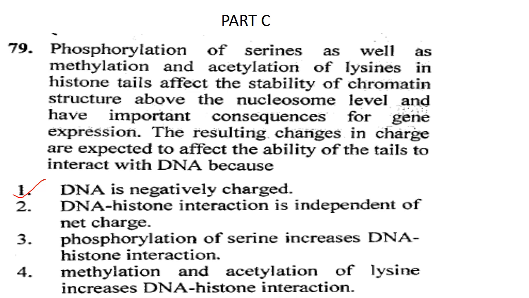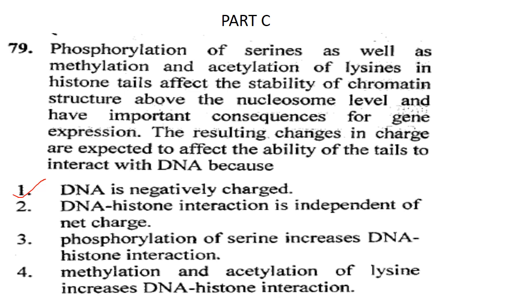So the resulting changes in charge are expected to affect the ability of the tails to interact with the DNA. The fourth option is methylation and acetylation of lysine increases DNA histone interaction. They decrease DNA histone interaction. Phosphorylation of serine increases DNA histone interaction.